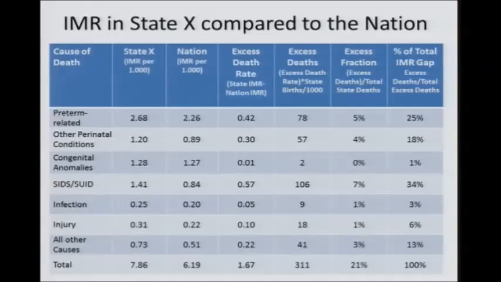And then you divide by the total deaths to get the excess fraction and the percent of total infant mortality gap. So that's the excess deaths divided by the total excess deaths.